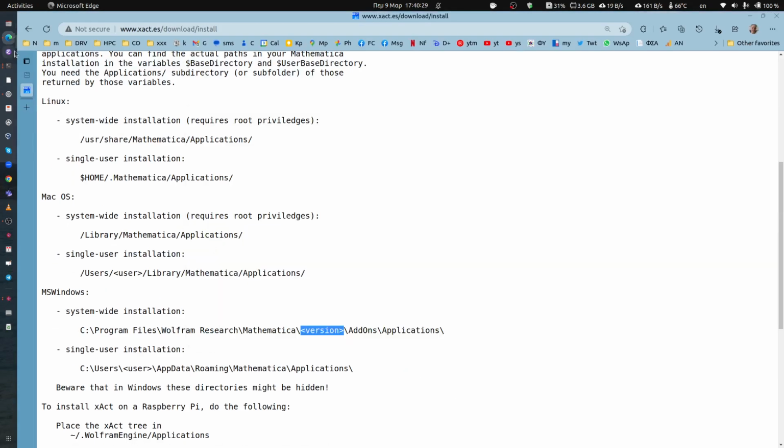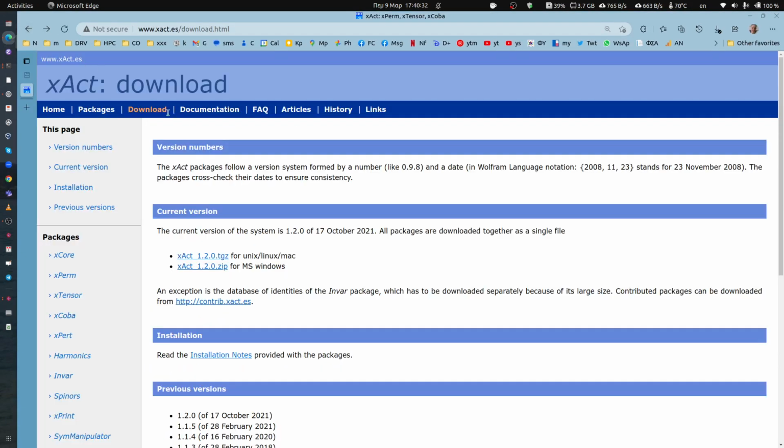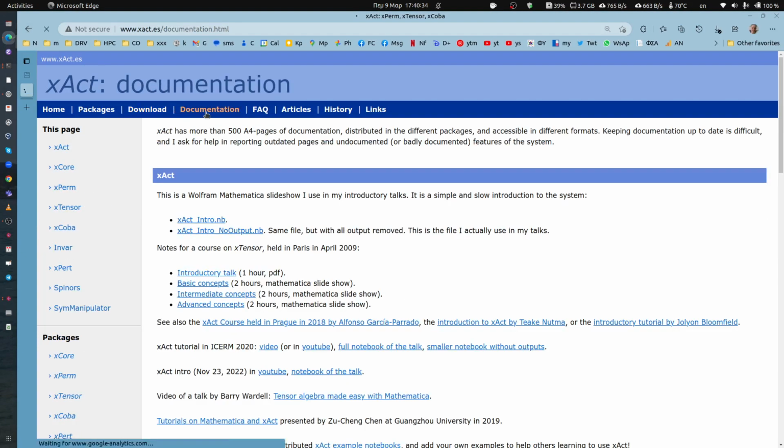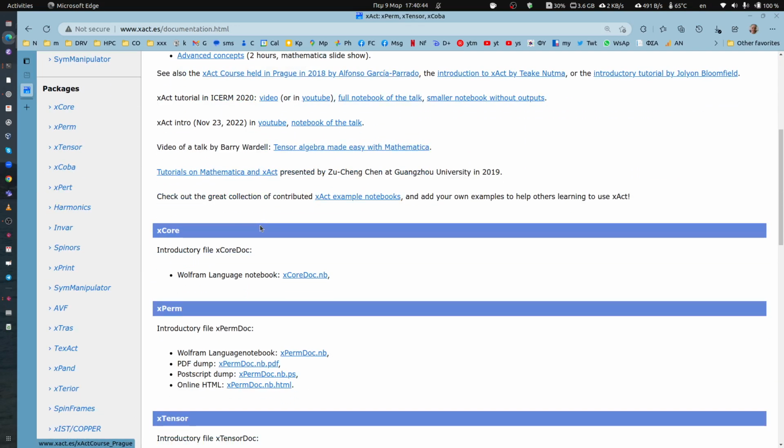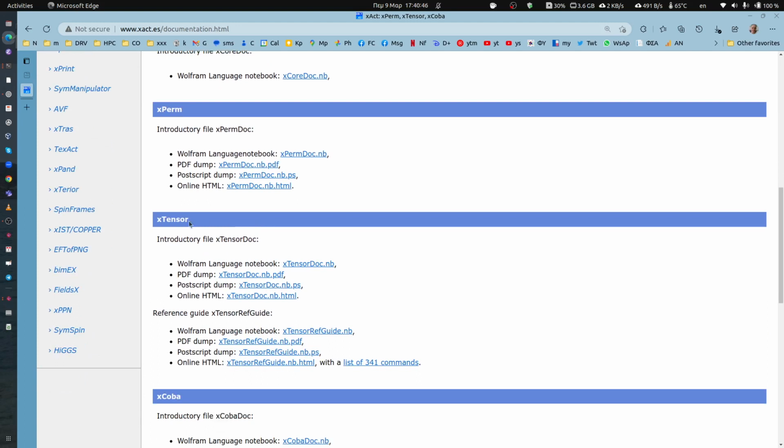So this is the documentation page of xAct. There are many packages that come together with xAct. This is the core package here, and what we're interested in today is the package xTensor.